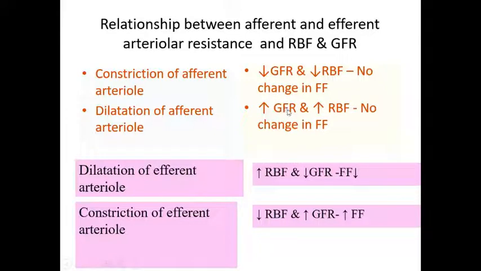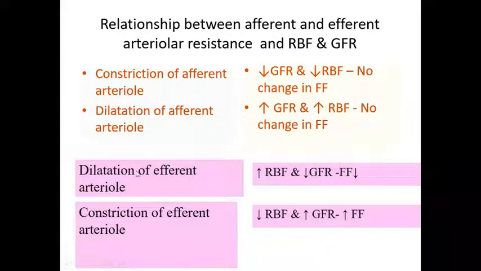The glomerular filtration rate is also going to increase. The renal plasma flow and blood flow is going to increase. Then there will be no change in the filtration fraction, because the numerator and the denominator are both increasing. If the two variables are increasing and you divide them, the value that you're going to get won't be affected.